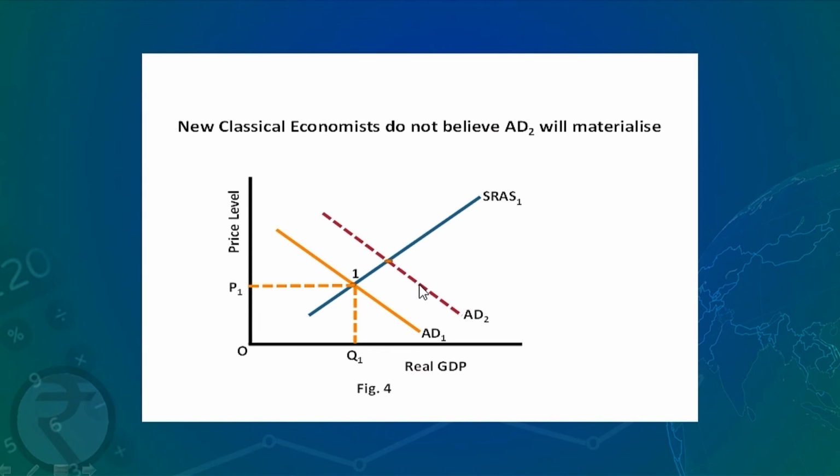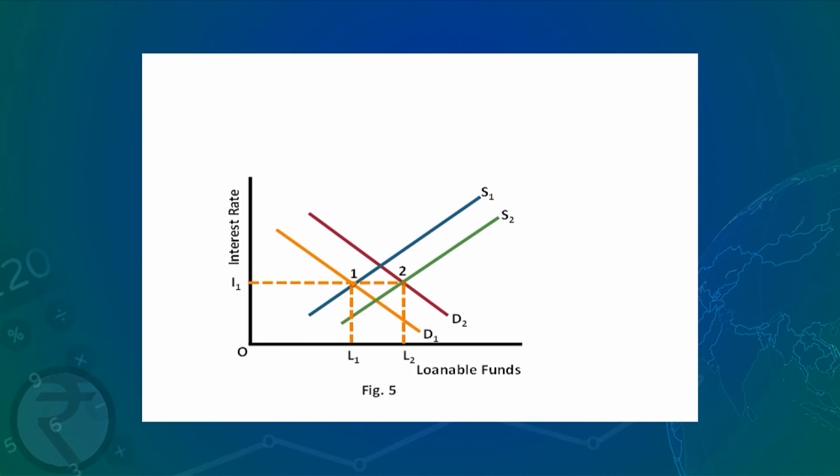So, expansionary fiscal policy will not lead to any shift in the aggregate demand curve and equilibrium will remain at point 1. So, AD2 will not materialize.